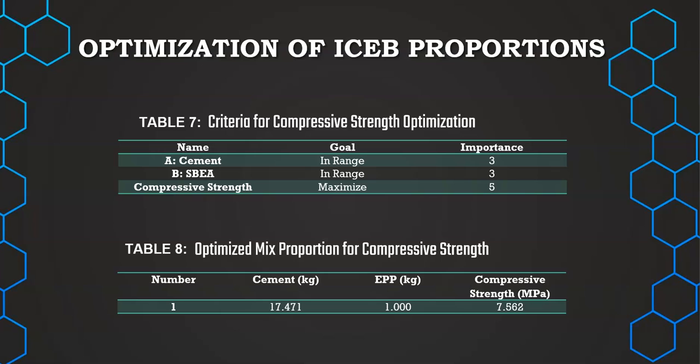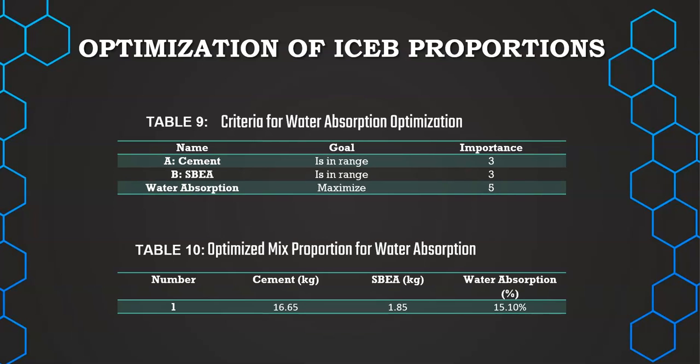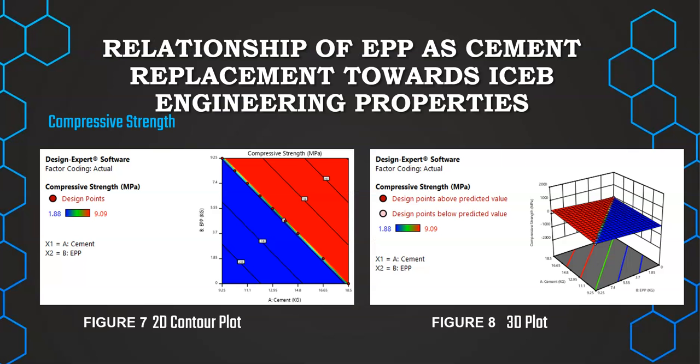This compressive strength value is greater than the ICEB with 10% of SBEA, which is 7.17 MPa. And for water absorption, the optimum value was obtained when the amount of SBEA used to replace the cement was 10%, with a value of 15.1%. The relationship between the independent variables cement and SBEA with the response compressive strength is shown in figure 7 and figure 8.